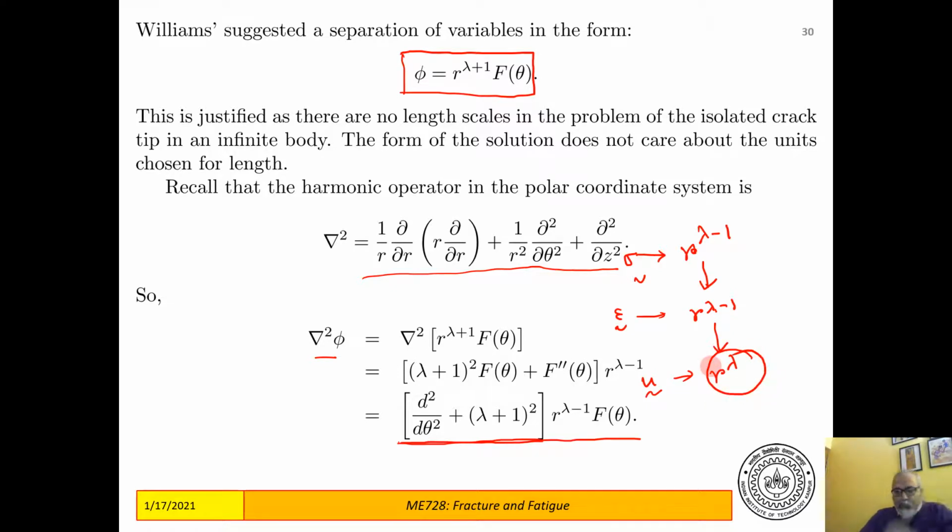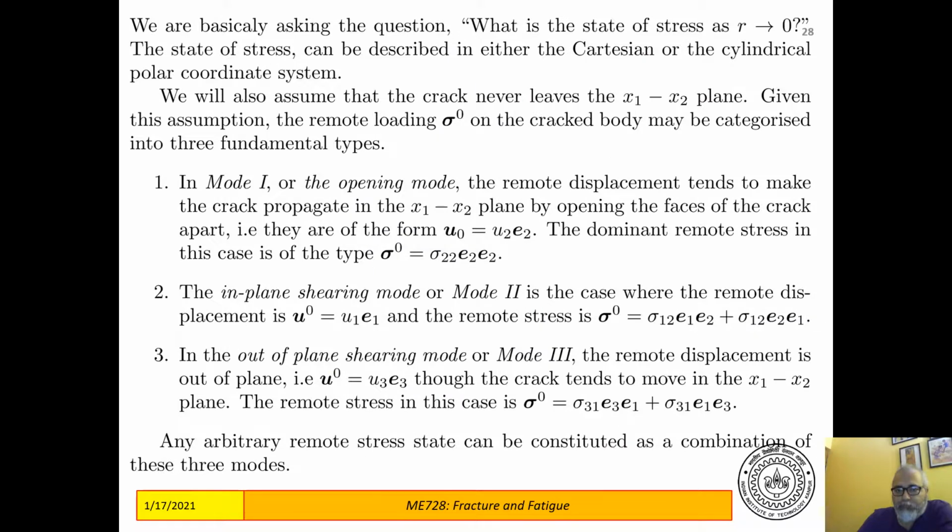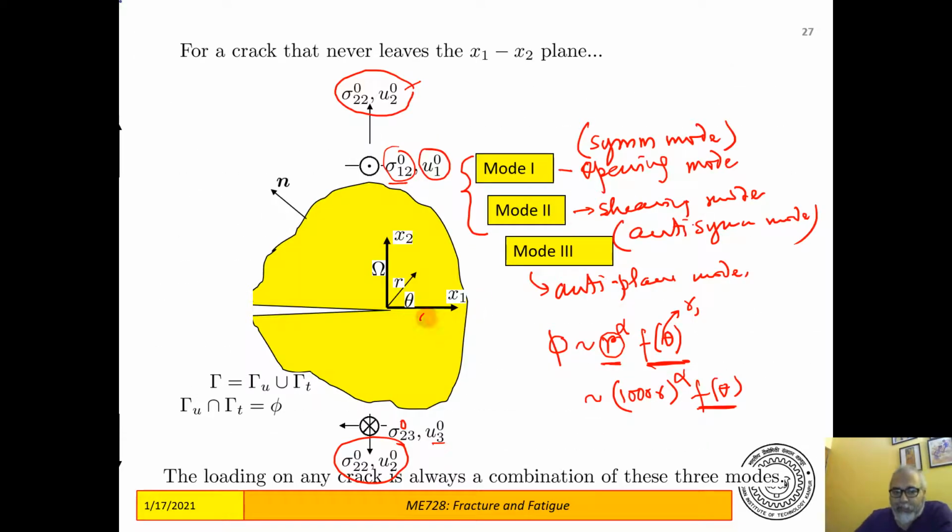Now if you come very close to the crack tip, r will tend to 0, and remember your displacement scales as r to the power lambda.